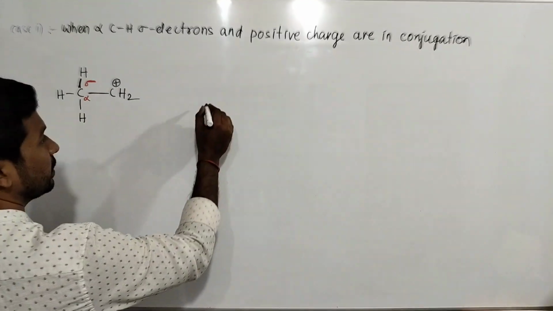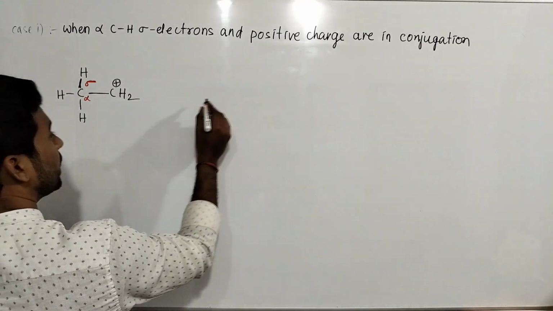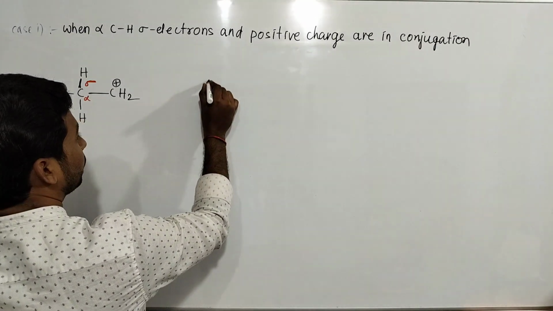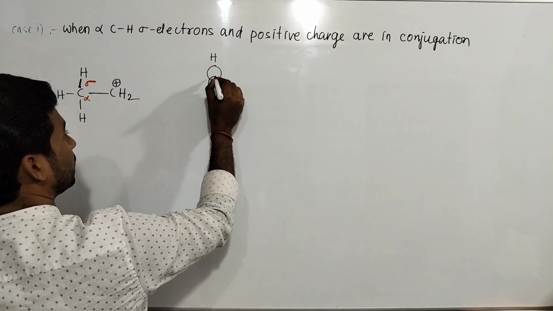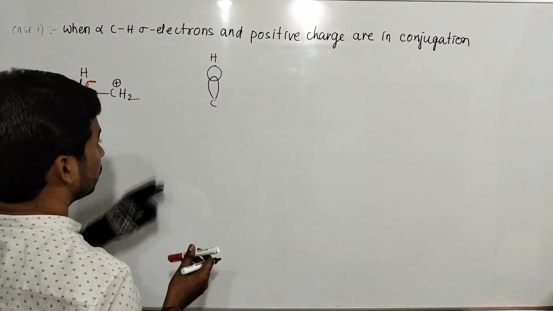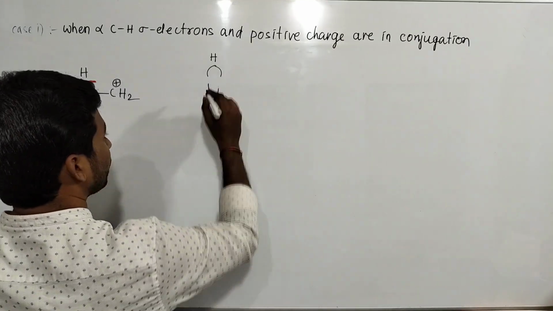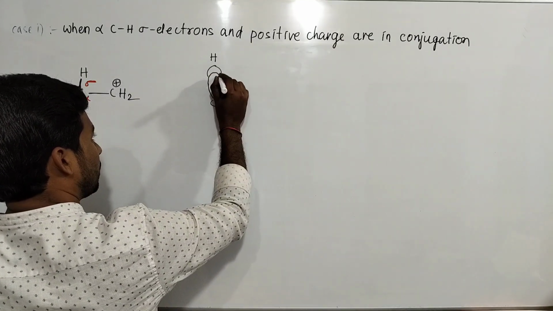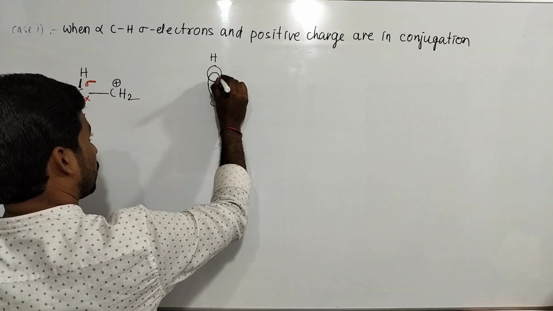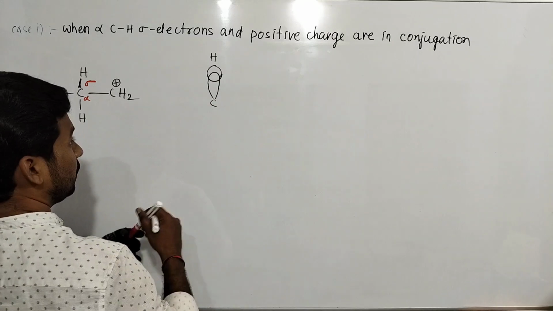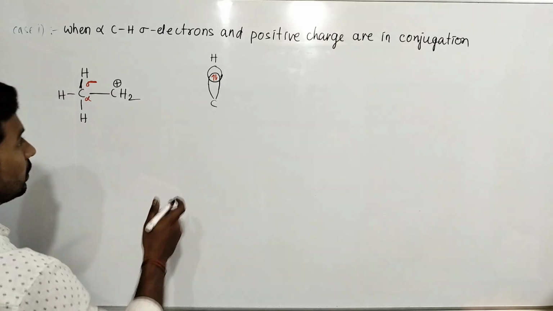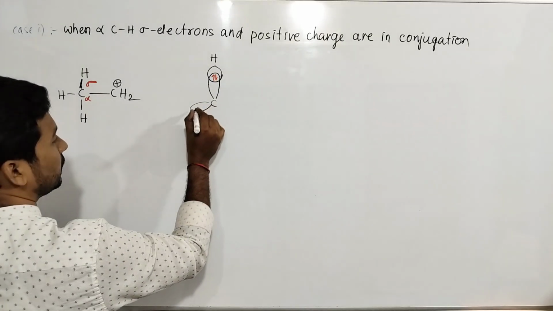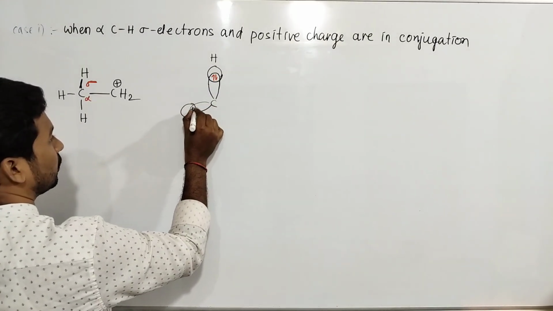How? If you see the orbital structure, the hybridization of this carbon is sp3, and the s orbital of the hydrogen atom is overlapped with the sp3 hybrid orbital of the carbon. Here how many electrons? 2 electrons. Here this is sp3 carbon and hydrogen.